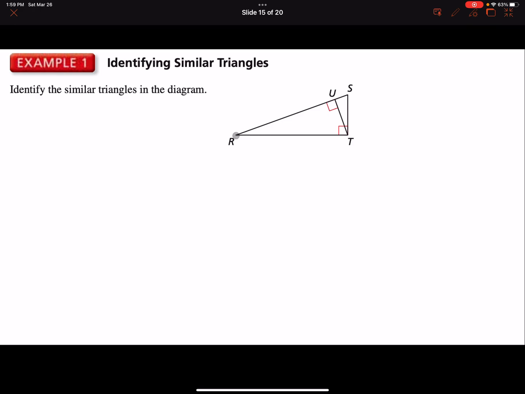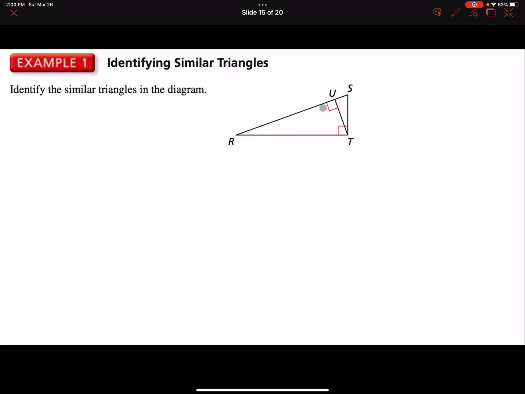So R, which is the smallest vertex, down to U, which is where the right angle is, to T, and then back up the hypotenuse. Same thing with the smallest triangle, okay? T is my smallest vertex. U is where the right angle is. I know it's a right angle because the other side is a right angle, which means this angle has to be a right angle. From U to S, so TUS. Okay, that is the order that these would go in for me.